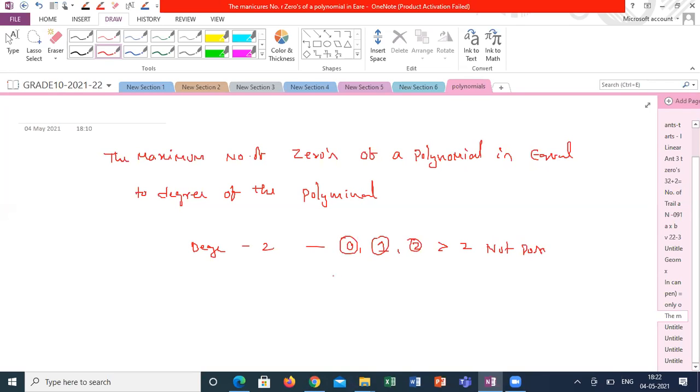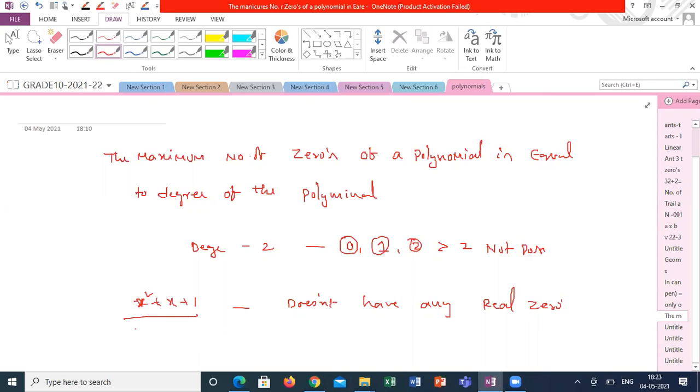Suppose I take the expression x square plus x plus 1. It doesn't have any real zeros. Real zeros means whatever x value you substitute, you never get the answer 0.